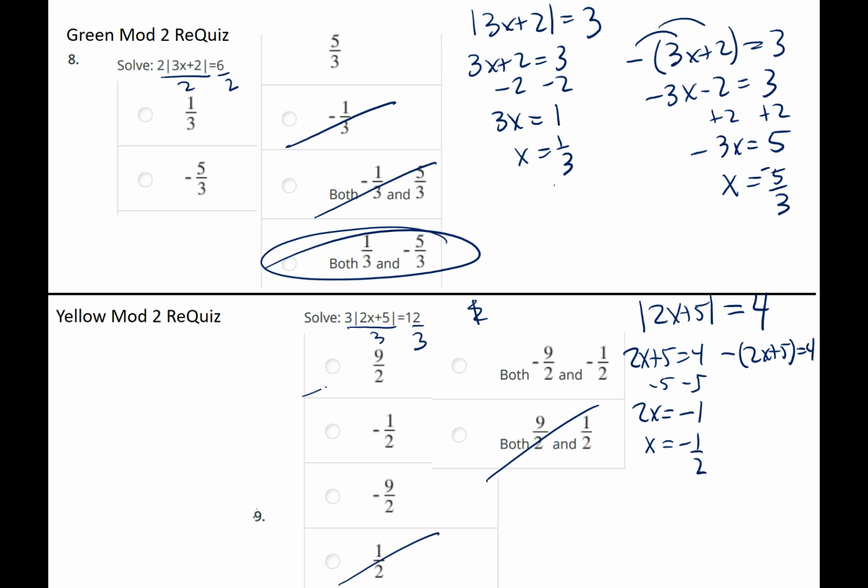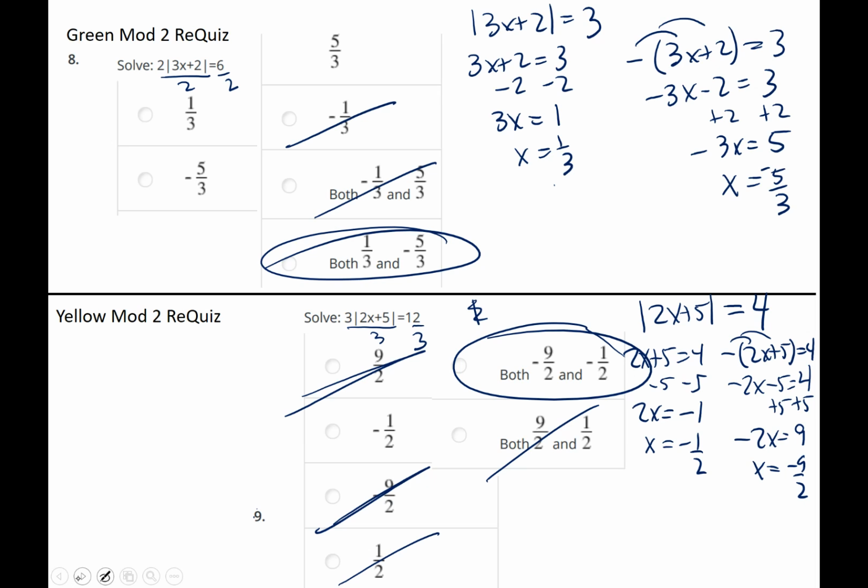And it's definitely not just that single 9/2 and this single 9/2 here. It's got to be one of these two. We're going to distribute this in, so negative 2x minus 5 equals 4. We're going to add the 5. So 5 plus 4 is 9, and then we're going to divide by the negative 2, so negative 9/2. So it is, in fact, this one right here.